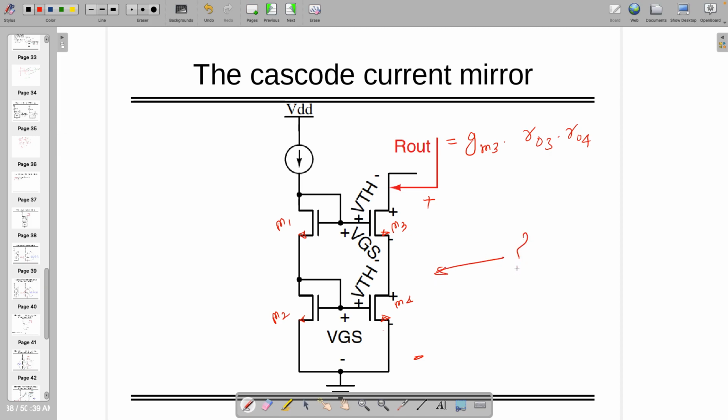Now tell me, what is the value over here, which is actually making V minimum? Look at these voltages. I kept all the voltages. What is the gate potential?